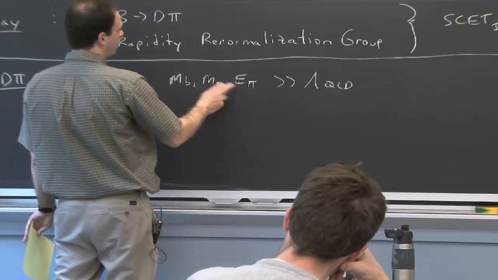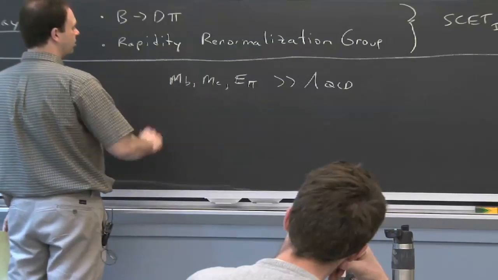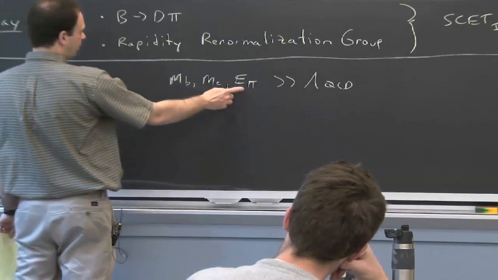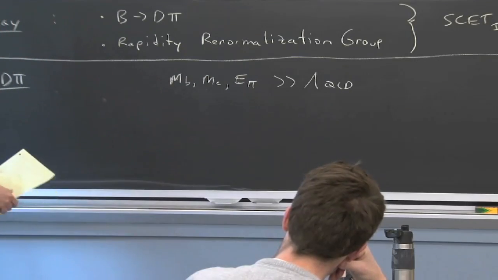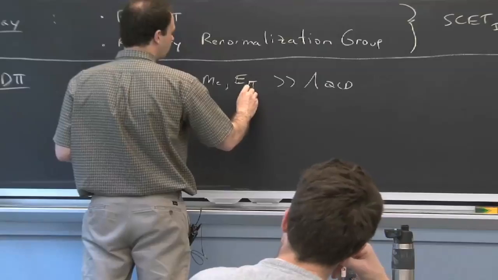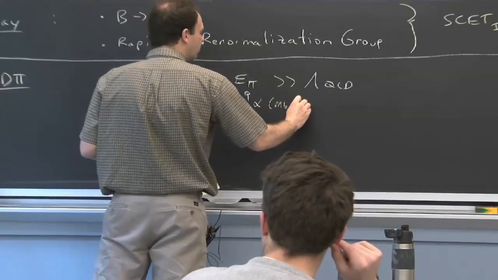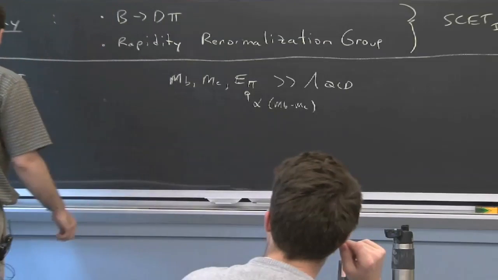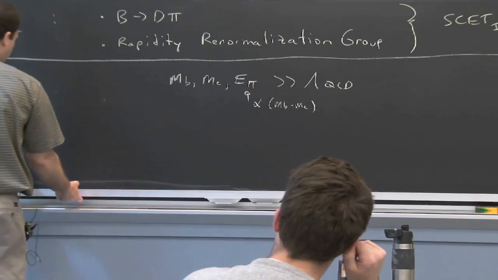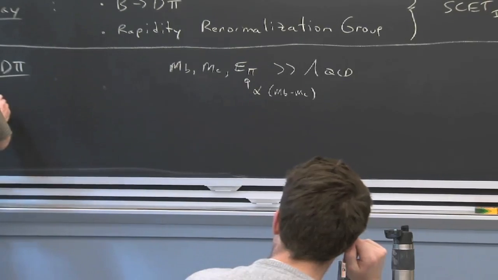And also the energy of the pion, which is in some sense related to the difference of the B quark and the charm quark mass, we'll also take to be much greater than lambda QCD. So just by kinematics, this is proportional to m_B minus m_c, roughly. You could say it's the difference of the squares of the hadron masses.